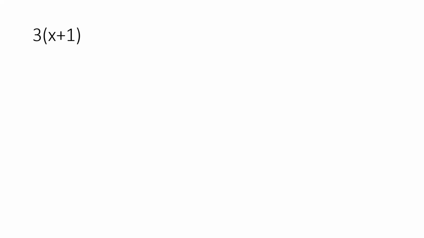So let's start with the basics. When we expand the bracket, it means 3 times whatever is in this bracket. So if it's 3 times x plus 1, all we're going to do is multiply here and multiply here.